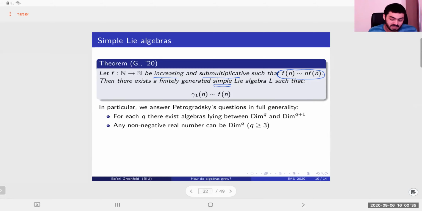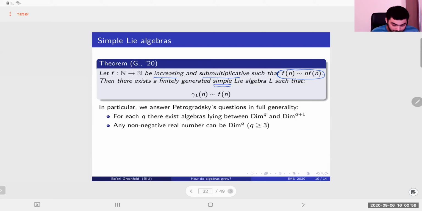And in particular, I think it demonstrates, again, the diversity and how huge is the space of growth functions, even of simple Lie algebras. I just mentioned that simple groups of intermediate growth were only recently constructed by Nekrashevych. It's a very deep construction.